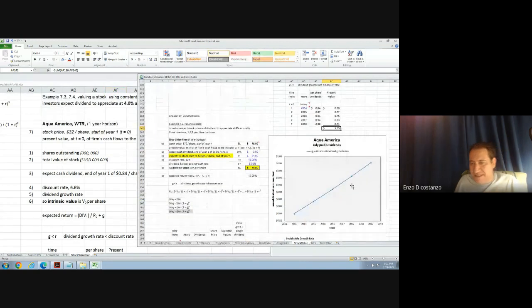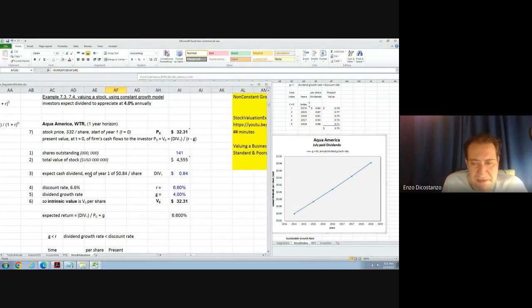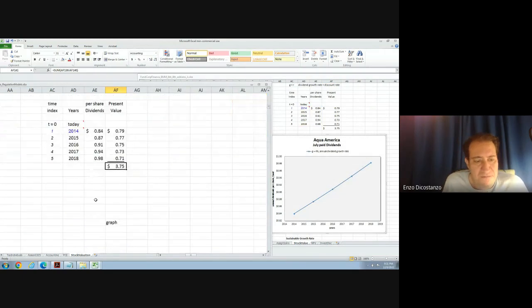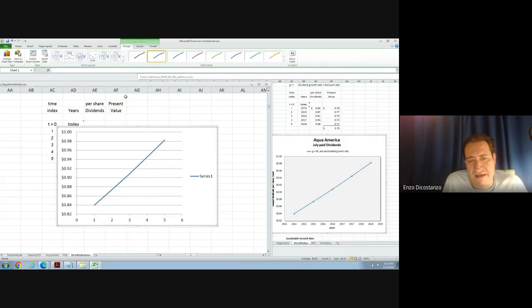Okay, and what did we do here? We made a graph of the dividends per share. We'll quickly make that graph. So what you do is you highlight your dividends, insert, scatter, straight line like that.